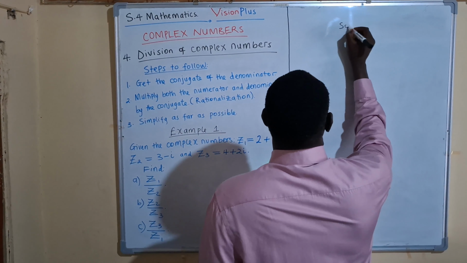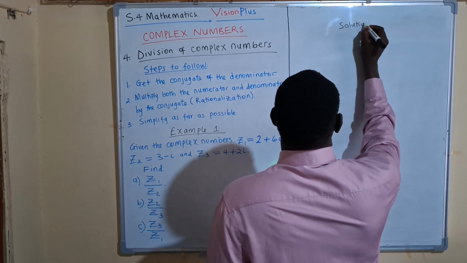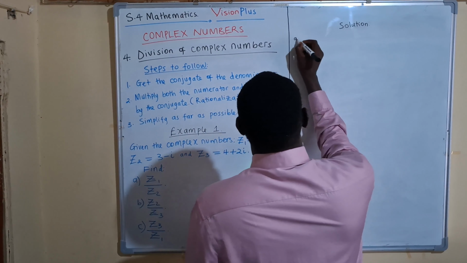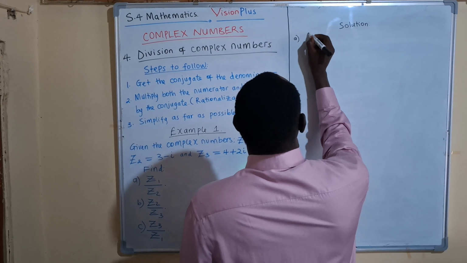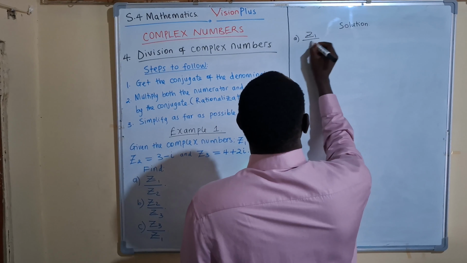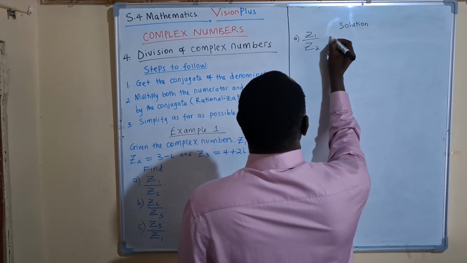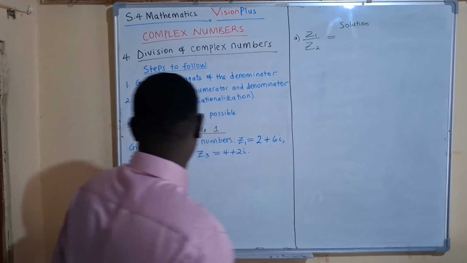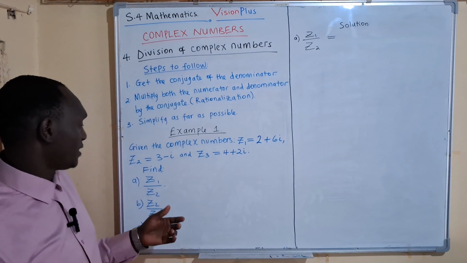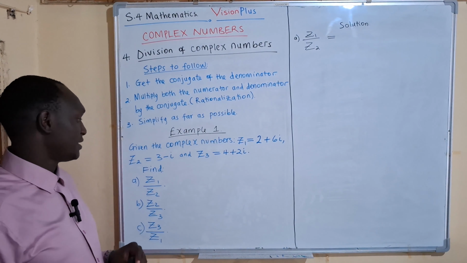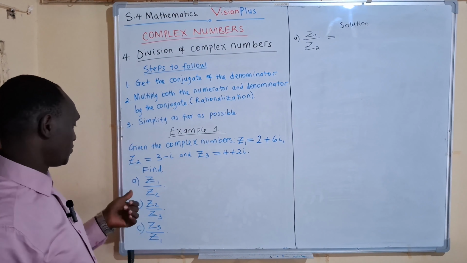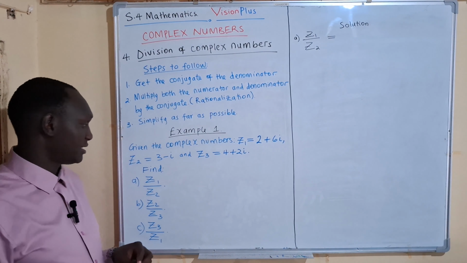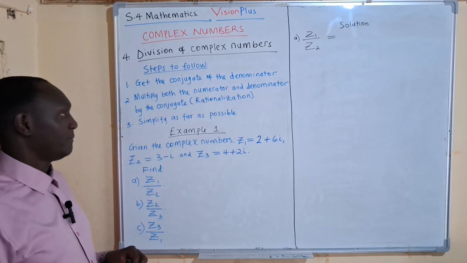So solution to example 1, part A says Z1 out of Z2. If you look here, we have three complex numbers, Z1, Z2 and Z3. So the first part says that divide Z1 by Z2.